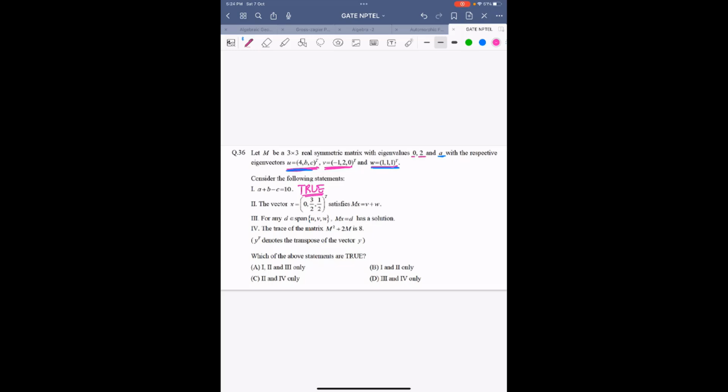Now we are asked about the vector x, which satisfies Mx equal to v plus w.